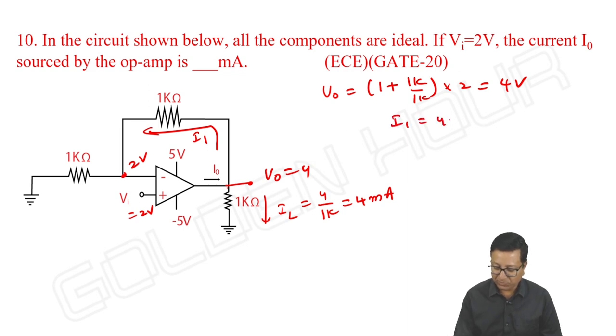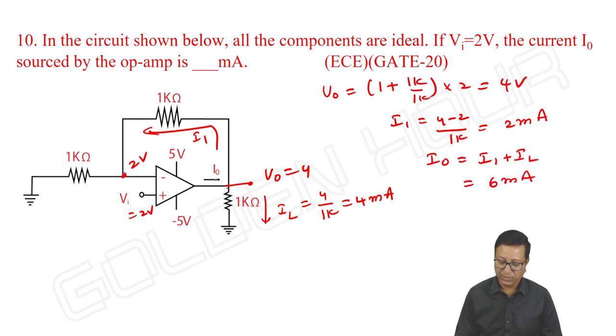I1 is equal to 4 minus 2 by 1k, that is 2 milliampere. So what is I naught? It is I1 plus IL, which is 6 milliamperes. So the current coming out of the op amp is 6 milliampere. So very simple.